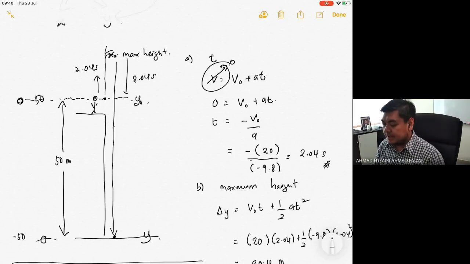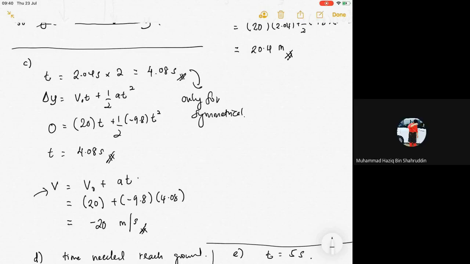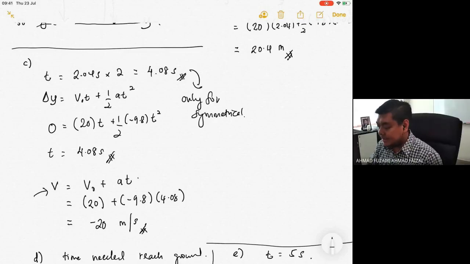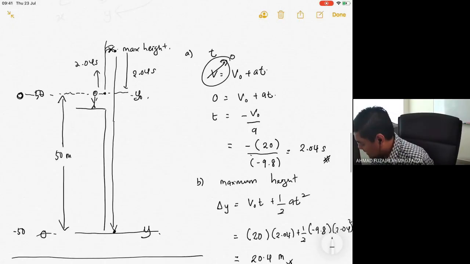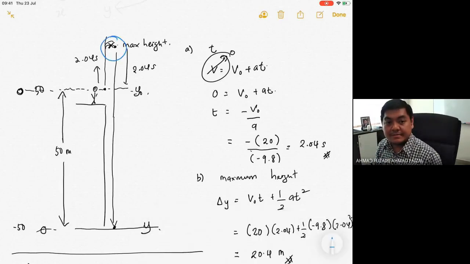Tapi kalau pada masa C, dia nak suruh cari apa? Time dia dekat pada masa dekat bawah kan. Maksudnya pada masa dekat bawah, dia bukan maximum height dekat situ. Faham? Nanti saya tandakan. Okay. Kalau warna biru ni ialah maximum height.